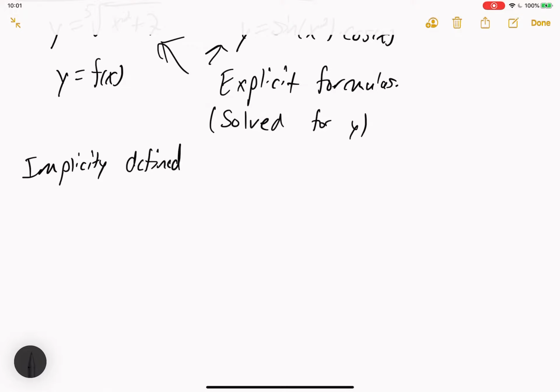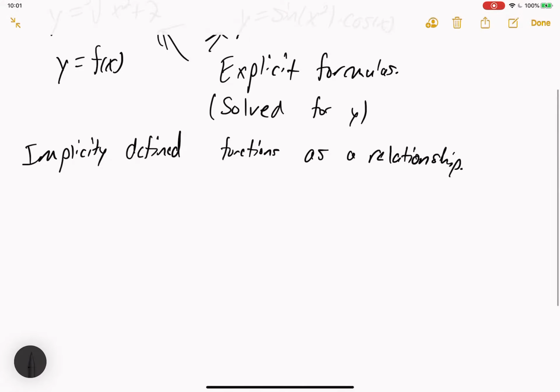So we have implicitly defined curves or functions that can be defined as a relationship between x and y. So far what I'm saying sounds like gibberish, but once I write down an example, you'll see what I mean.